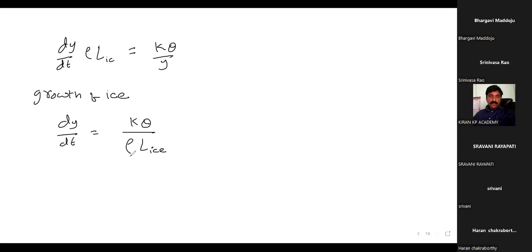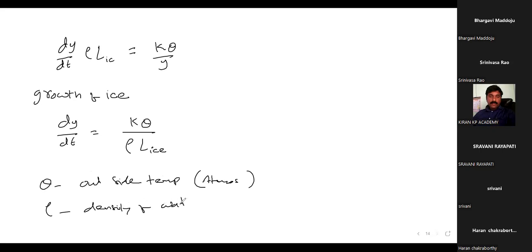Now here theta is the outside temperature or the atmosphere temperature. Rho is the density of water. L ice is the latent heat of ice.